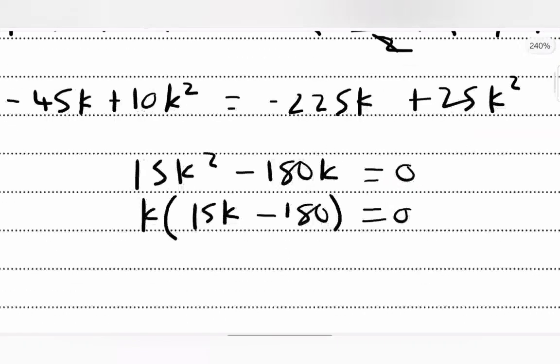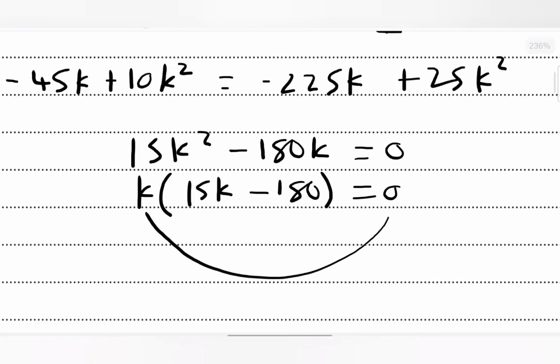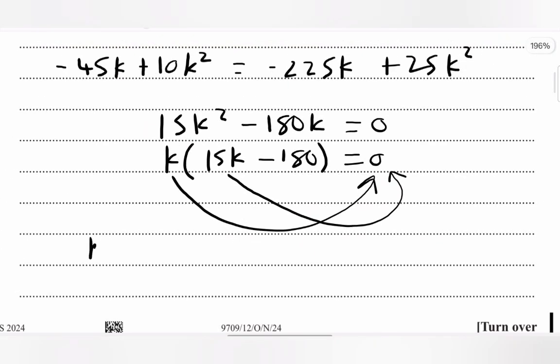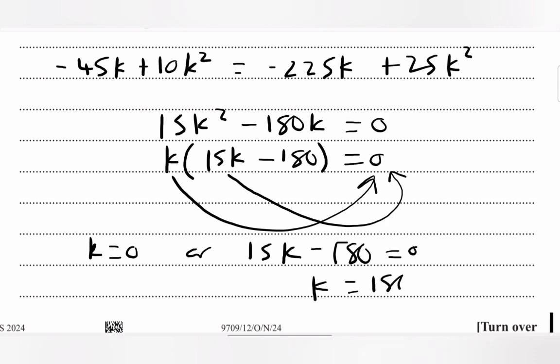So at this point, we just say k is equal to 0, or this bracket is equal to 0. So k is equal to 0, or 15k minus 180 is equal to 0, which gives us k to be 180 over 15, which is 12.